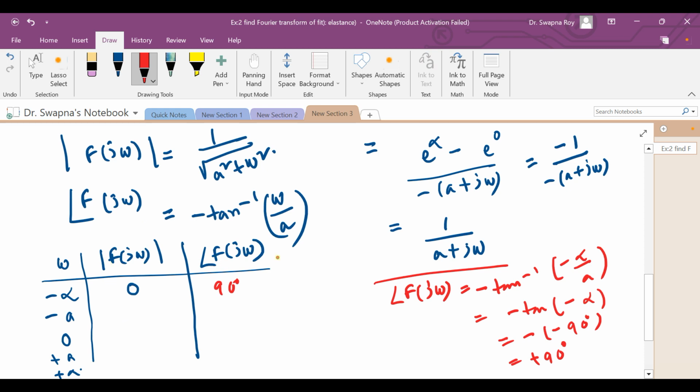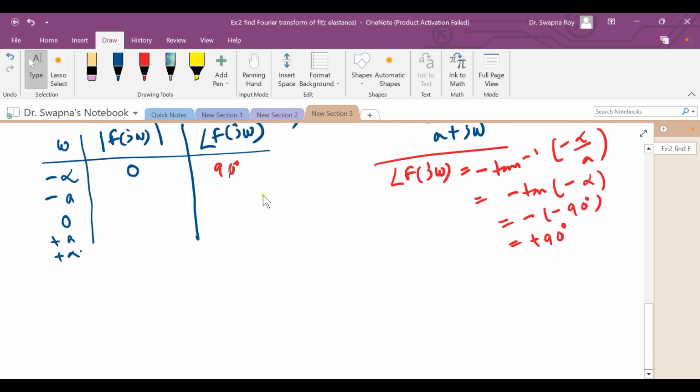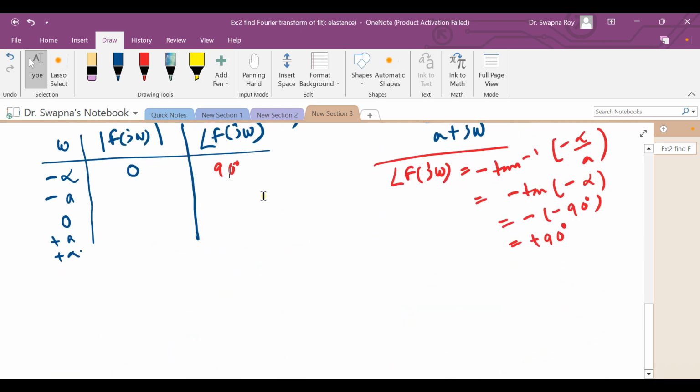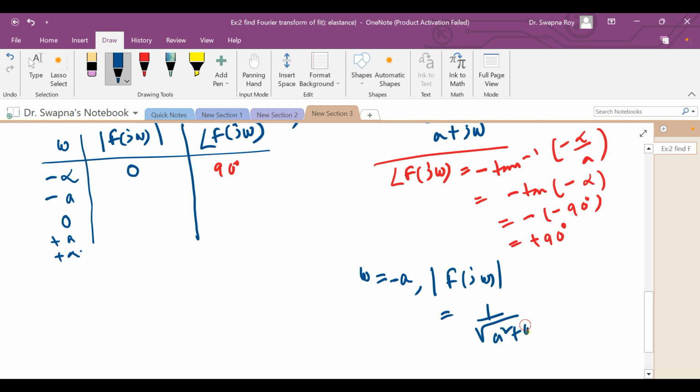And when omega is equal to minus a, the magnitude of F(j omega) is equal to 1 upon the square root of (a squared plus omega squared), which is 1 upon the square root of 2a squared.